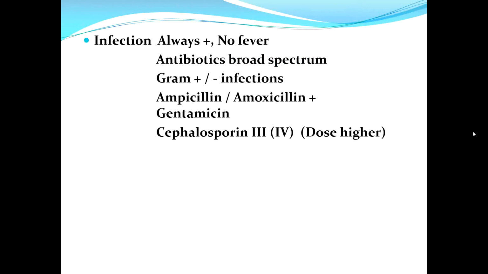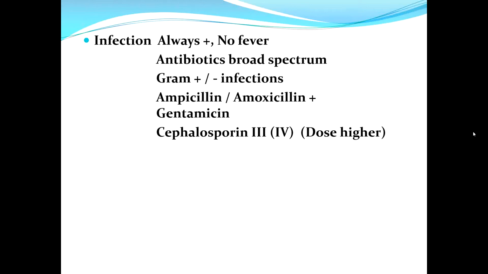These patients frequently have infection like pneumonia, like septicemia, but they don't have fever. So one should always suspect infection in emergency situations in these malnourished babies. We always start with broad spectrum antibiotic cover because infection can be gram positive or gram negative.